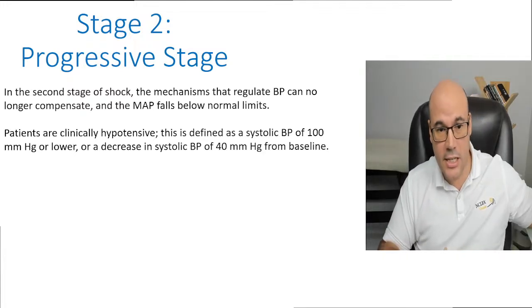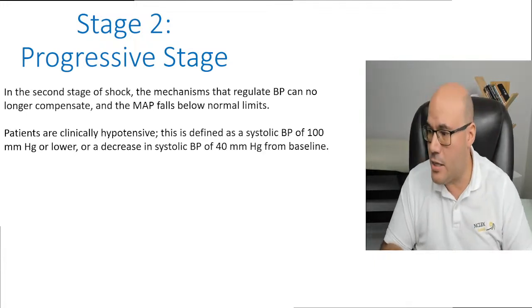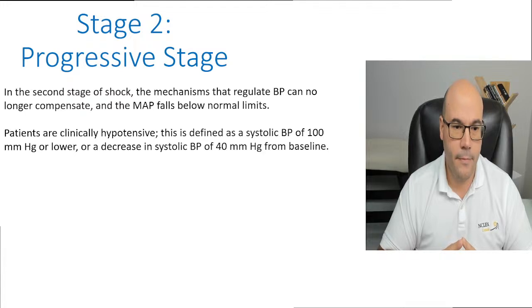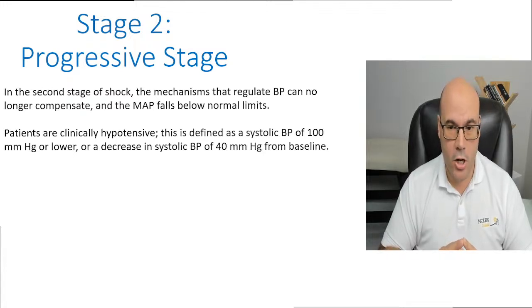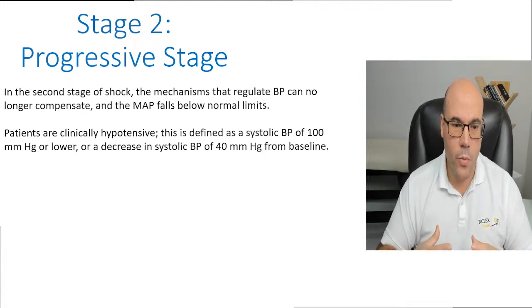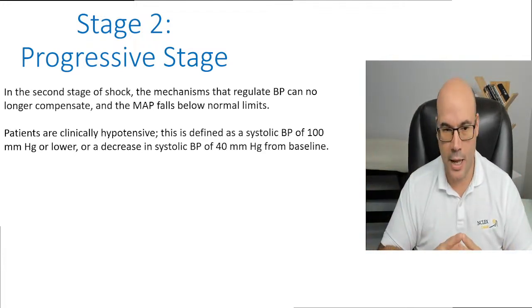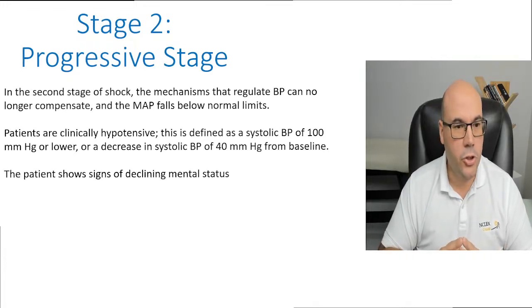So, decreasing systolic and diastolic blood pressure from the baseline. And now, because of the decreased blood pressure, we're going to see changes in the mental status. So this is important to know and understand.